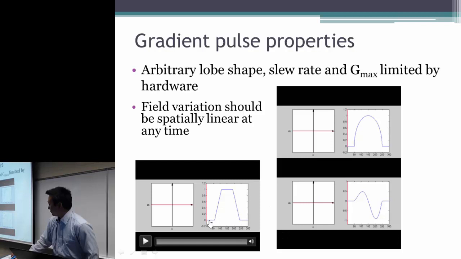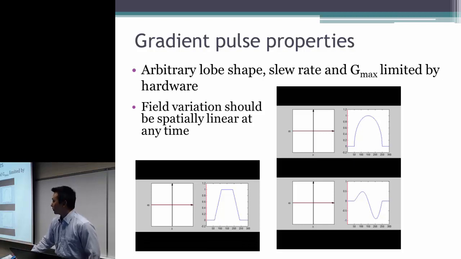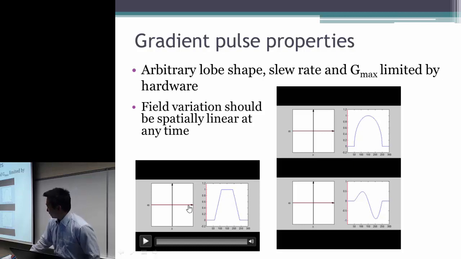Practically, we have to allow a certain period of time for it to switch on to reach its desired value. So this is the spatial distribution of the actual magnetic field, and this is the symbol of the gradient.